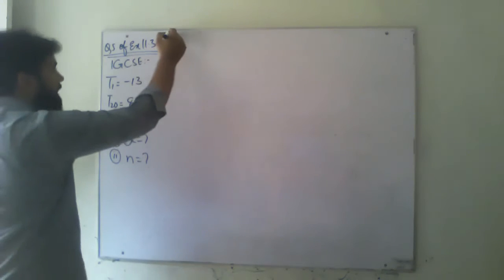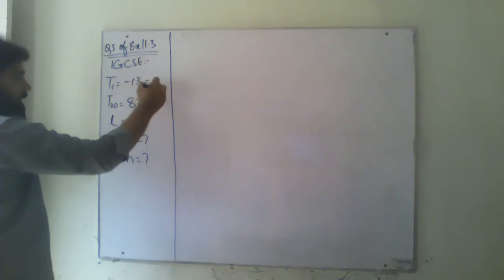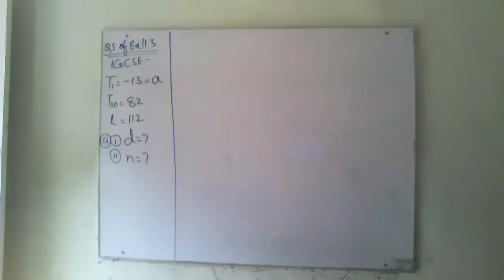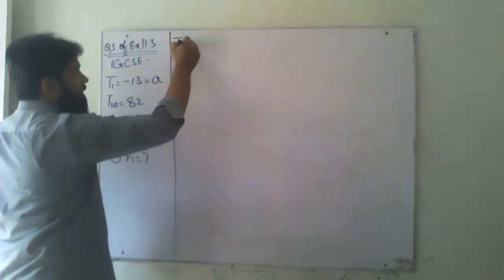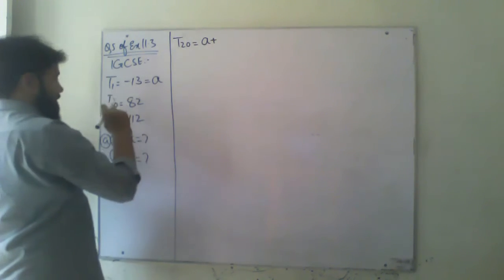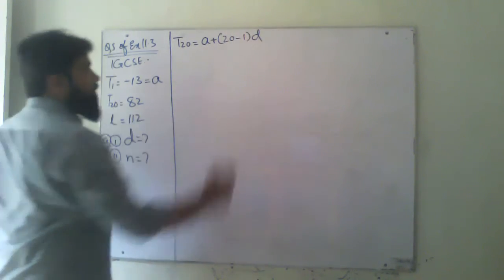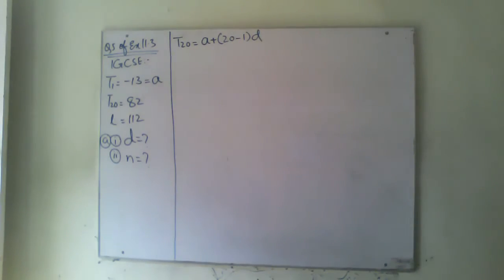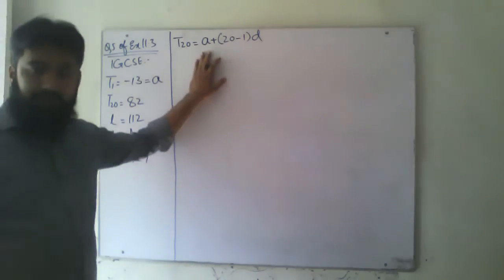First of all, for D, now when the first term is given, it means I am having A over here. That is my first term. T20 means if I write it, T20 equals A plus 20 minus 1 into D. I have written my formula for the term according to T20.